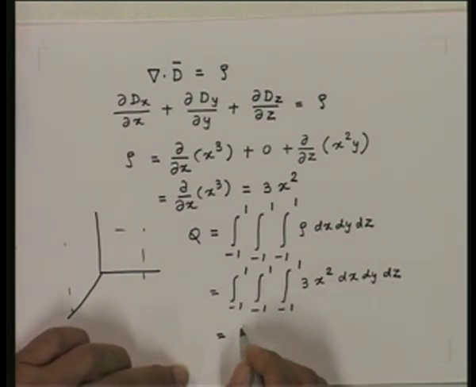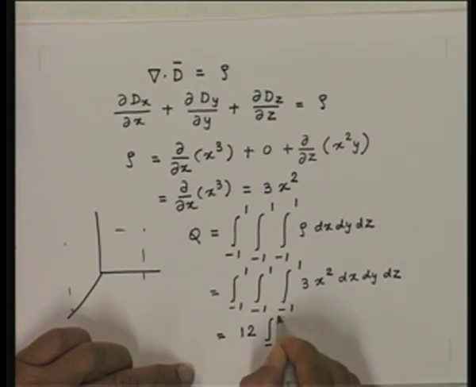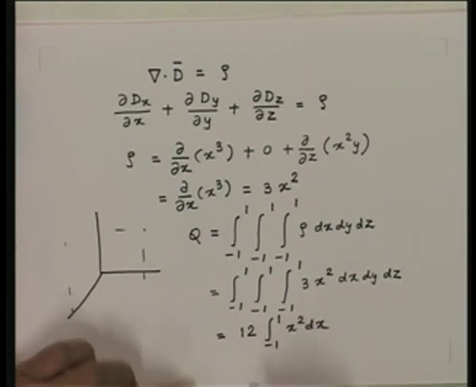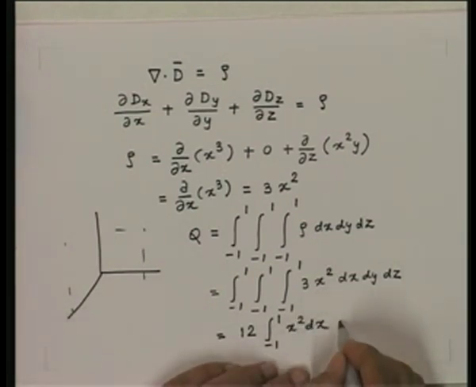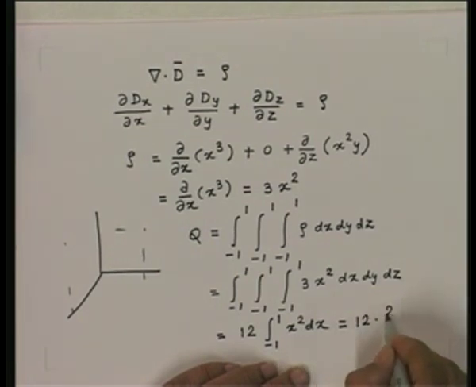So, essentially we have here 12 times the integral from minus 1 to 1 of x square dx, which is nothing but equal to 12 into 2 upon 3, which is equal to 8 Coulomb.